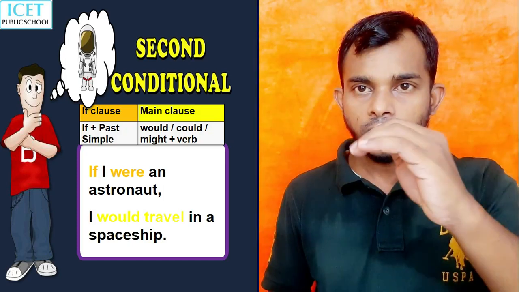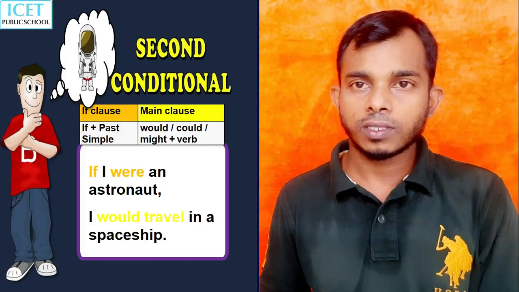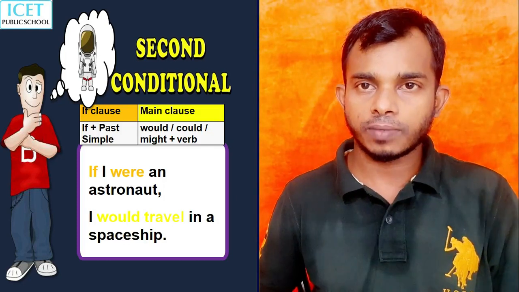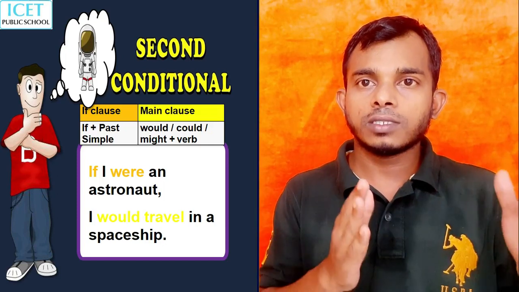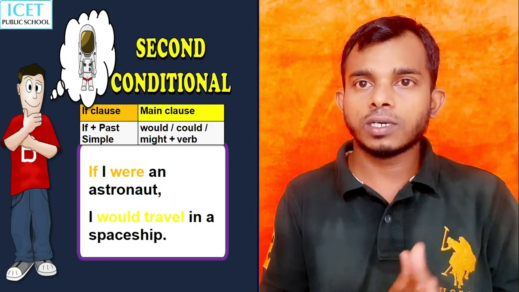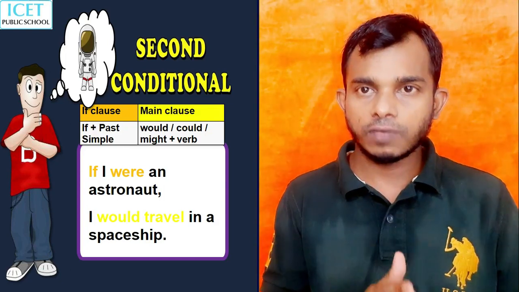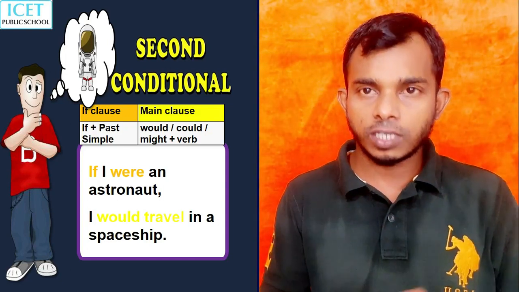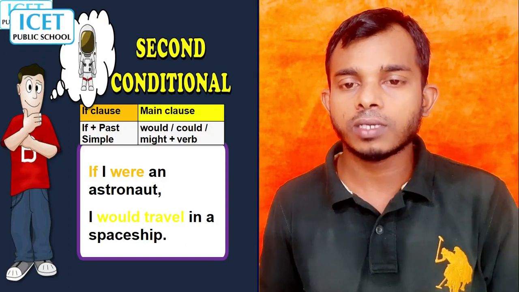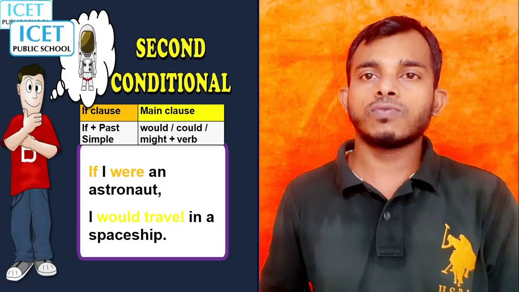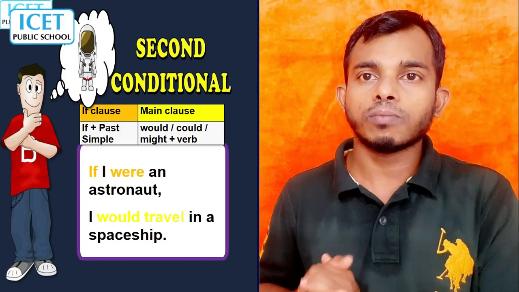These are actually the past forms of the auxiliaries. So we have to use them along with the simple past in the if clause. If the if clause is written in simple past, then the main clause will be written with would, should, could, or might.